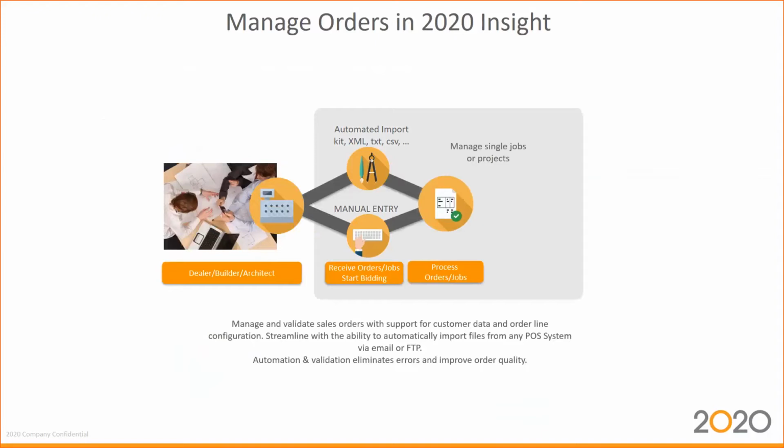Obviously you can also manually enter a job into the system, but the idea is that once you have done the layout and the design of your job, you don't want to re-enter it, to avoid typos and redundancy, right?